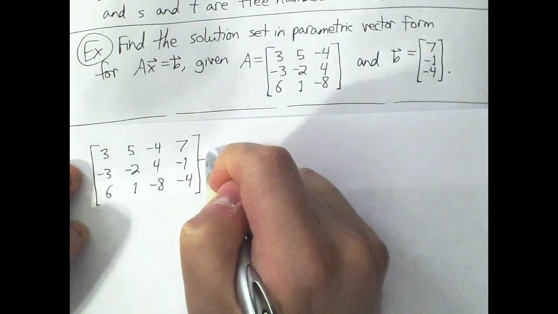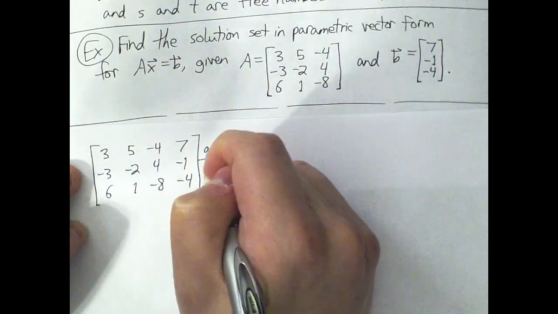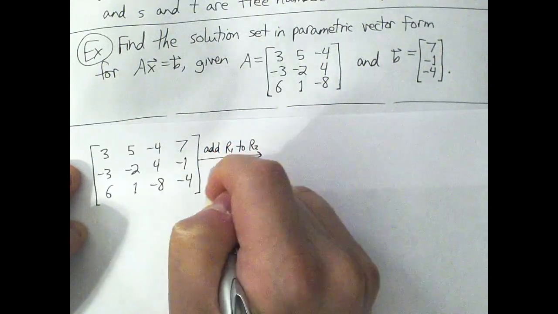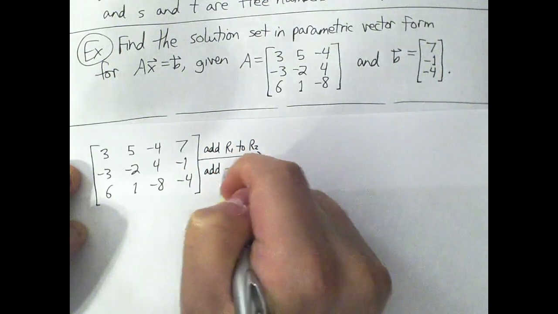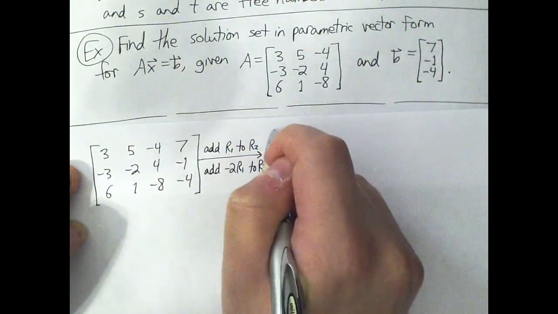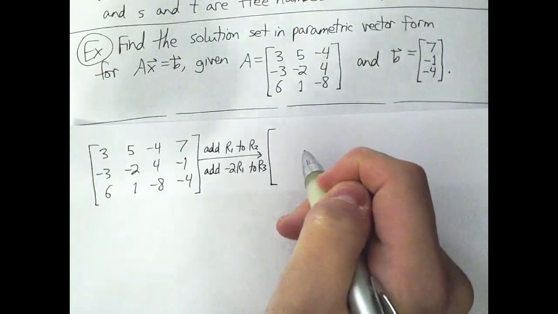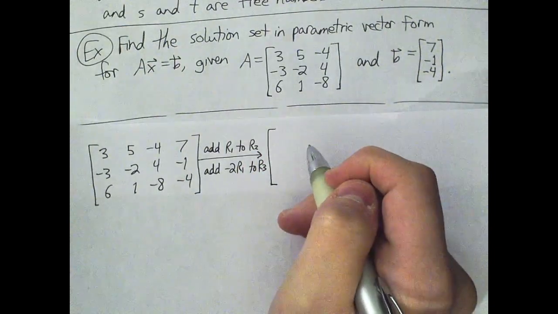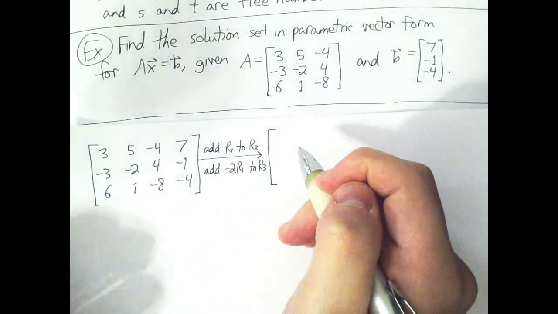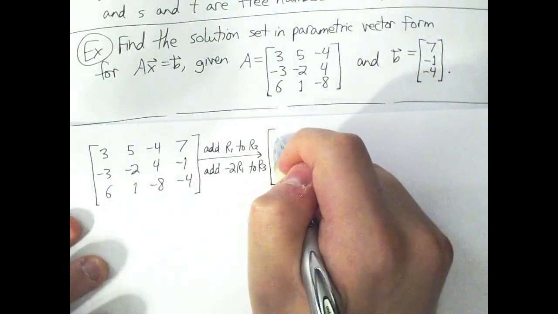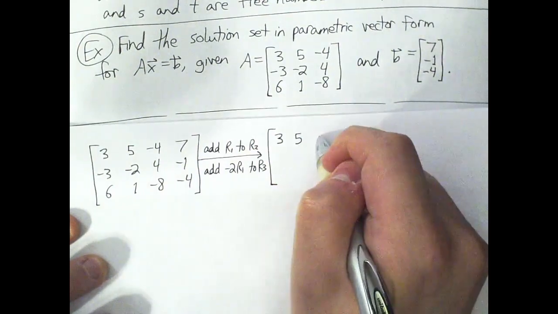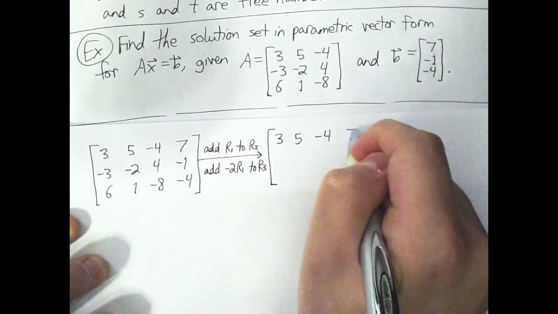I decided I'm going to do two things here. I'm going to add R1 to R2, and I'm going to add -2 R1 to R3. That's going to get me 3, 5, -4, 7. We're keeping that.